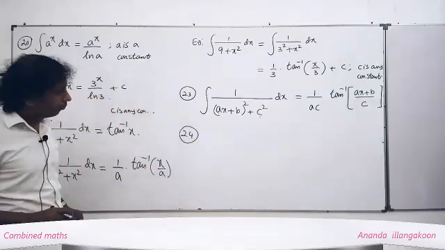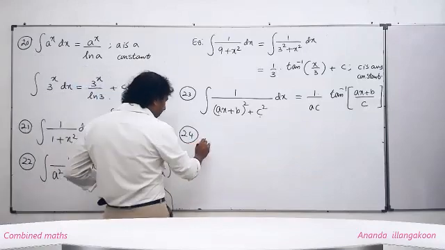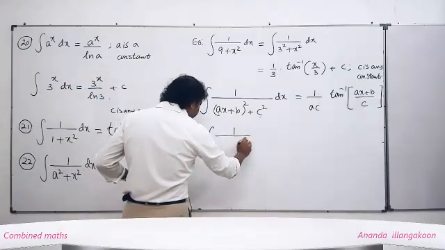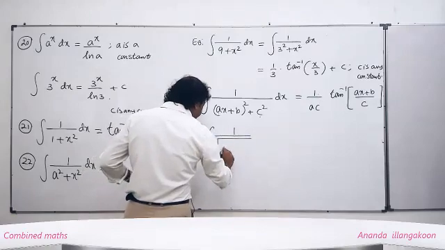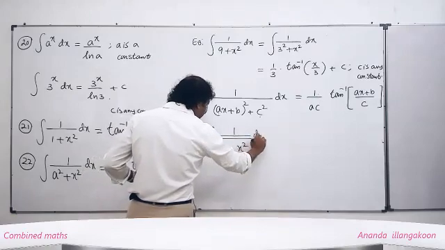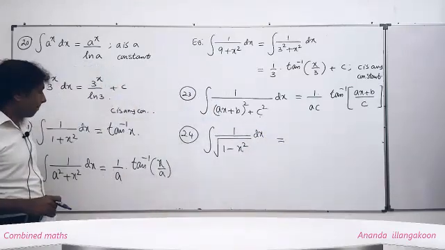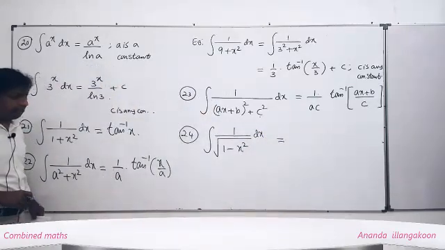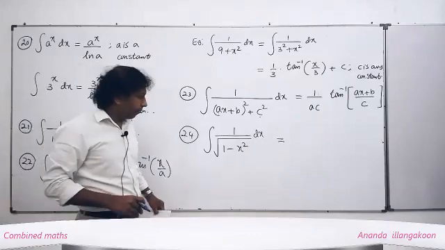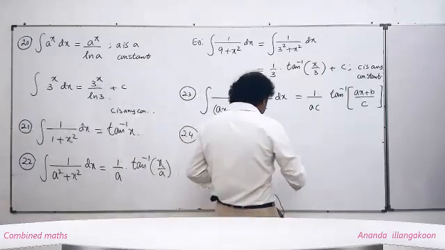And the 24th result. It is, people, the integral of 1 upon square root of 1 minus x squared dx. This is sin inverse x.